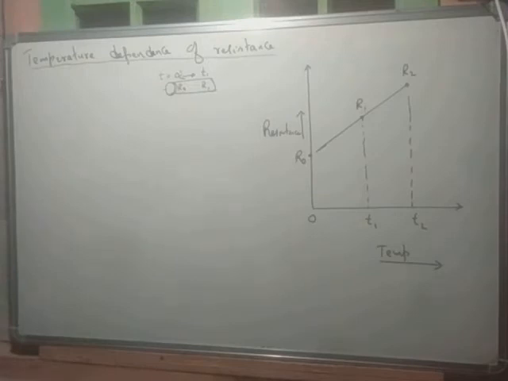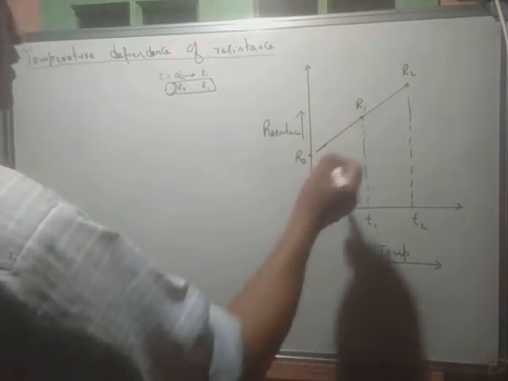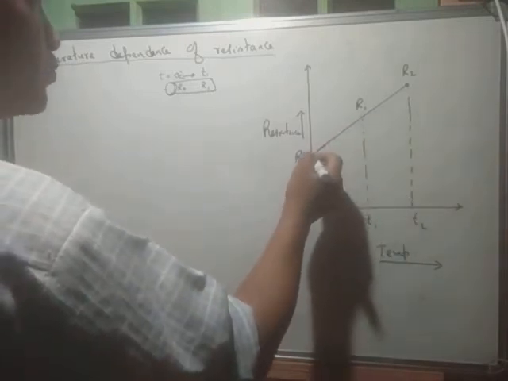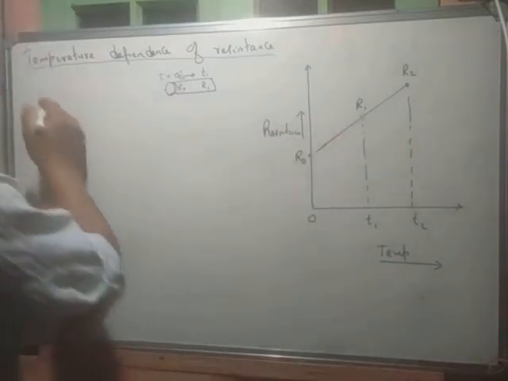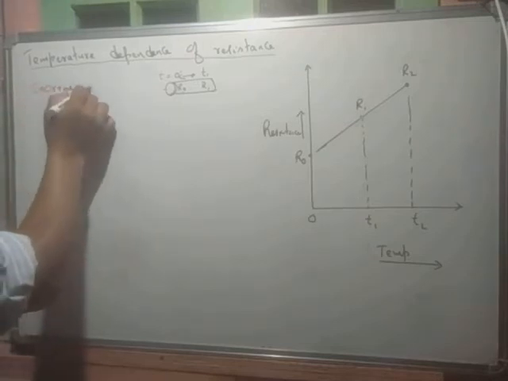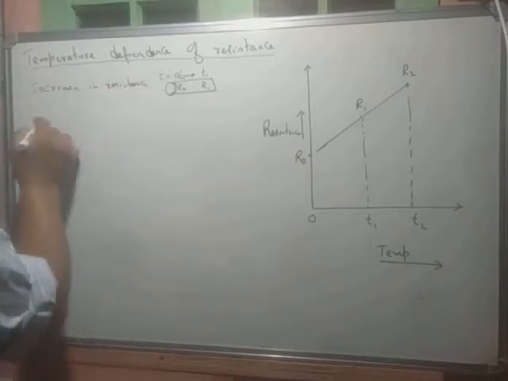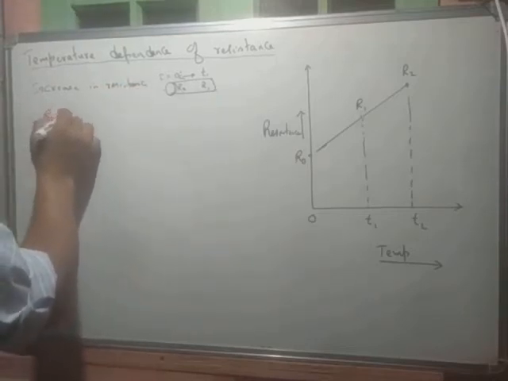So therefore, if I consider any 2 points R1 and R2, then the increase in resistance, that is R1 minus R0.